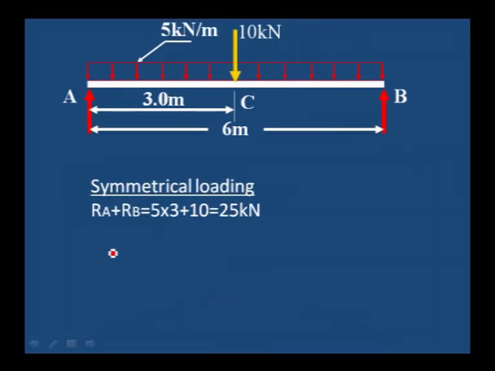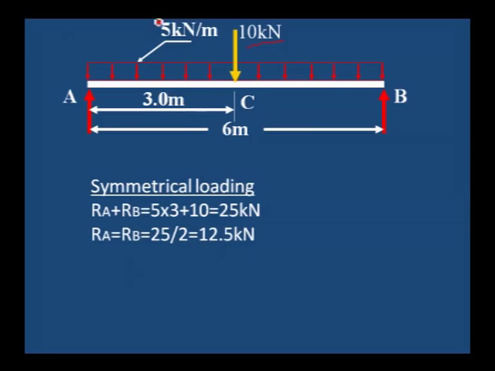Okay, now another problem. In this, I have considered 5 kilonewton per meter acting throughout its length, 6 meter full length, as well as one point load at the center. You can see here, because this is also symmetrical loading, RA plus RB must be equal to the total load, 10 kilonewton plus 5 into 5 kilonewton per meter.